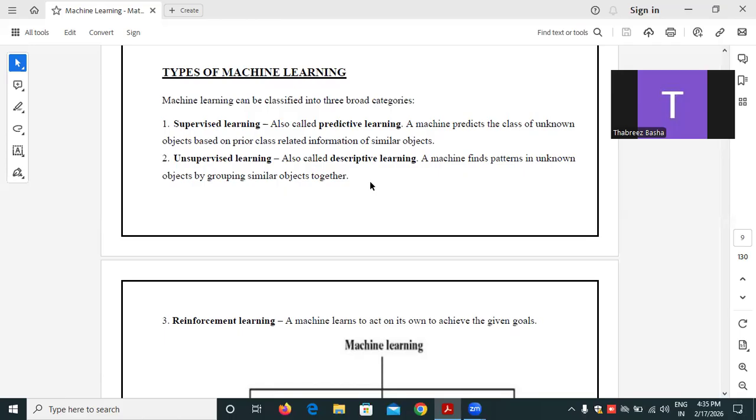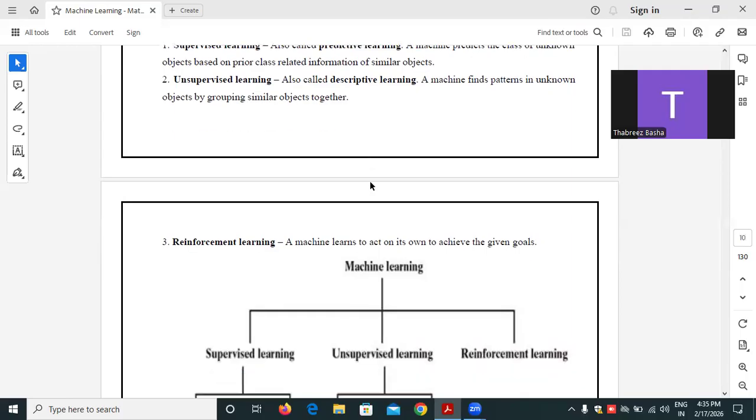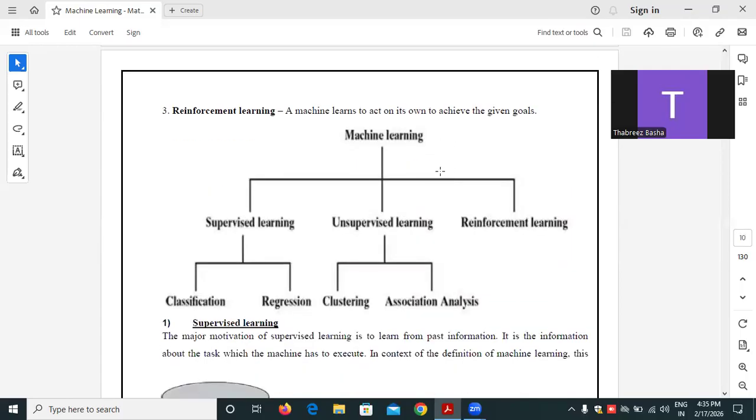These are the three types of machine learning: supervised, unsupervised, and reinforcement learning. So this diagram shows the process. Supervised learning is further divided into two types: classification model and regression model. Unsupervised learning is also divided into two models: clustering model and association analysis model.